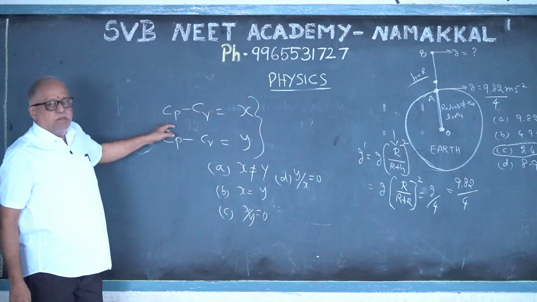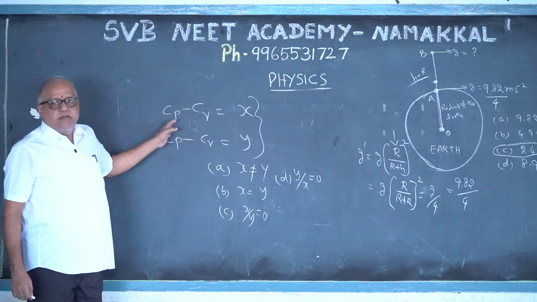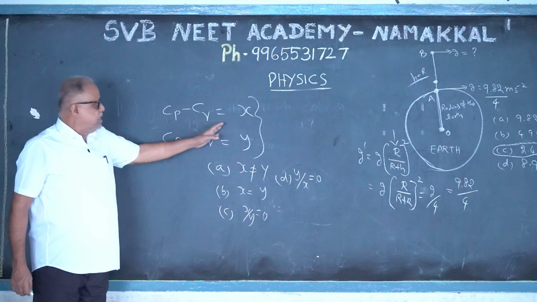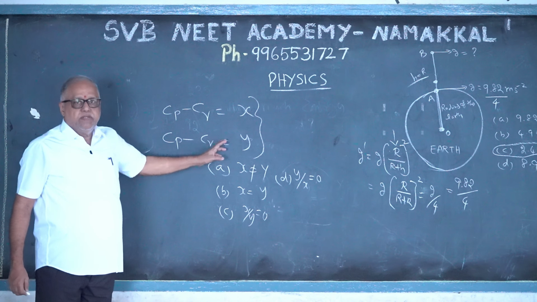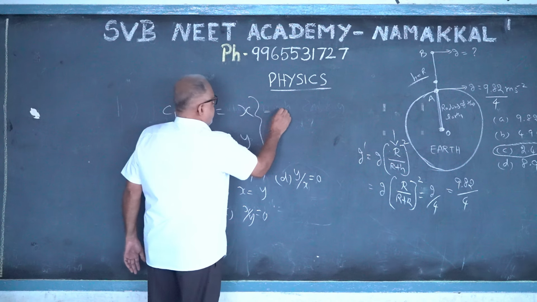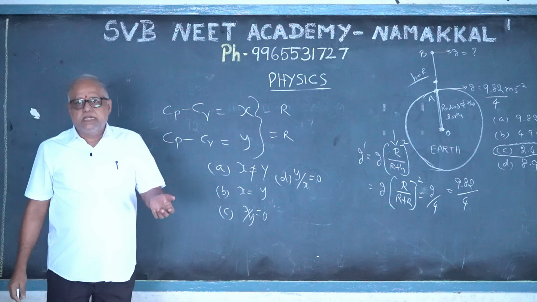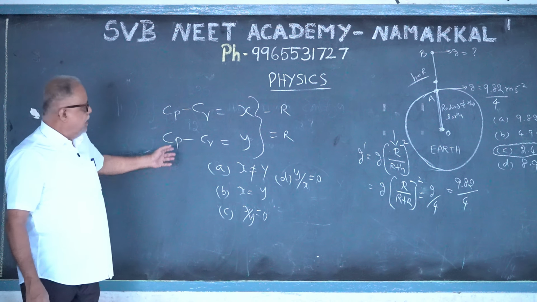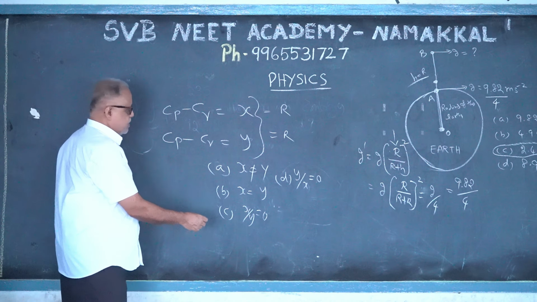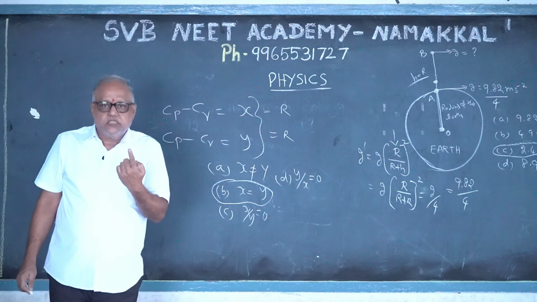This is the formula we have studied in thermodynamics and in the kinetic theory of gases. They are asking for the relationship. Both are equal to R, the universal gas constant, so we can fix option B by taking just a few seconds.